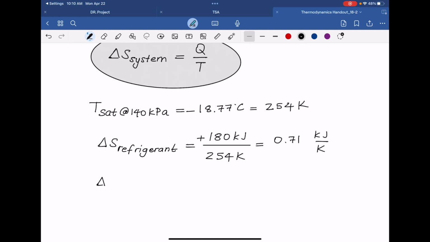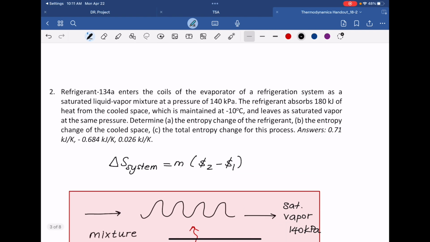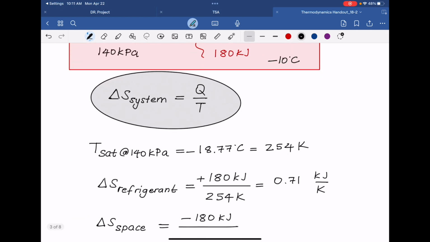So this should be expected to be a positive value. What about the surrounding? In this case, they called it the cooled space. Another subsystem within our universe. This is losing heat. And its temperature is always kept at the same temperature, minus 10 degrees Celsius, which makes it reversible, okay?